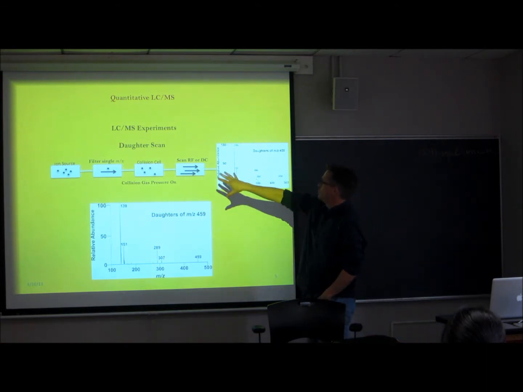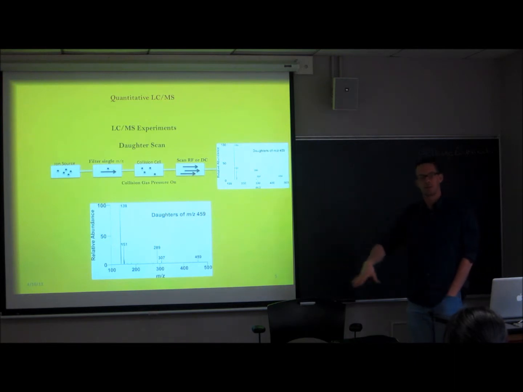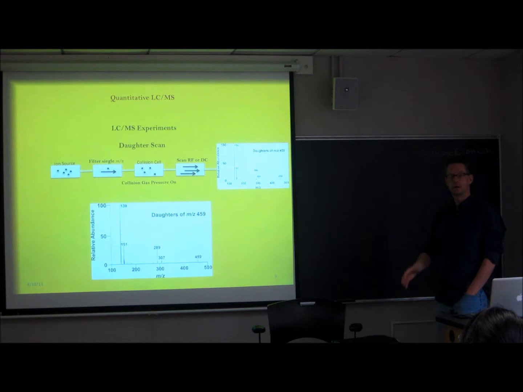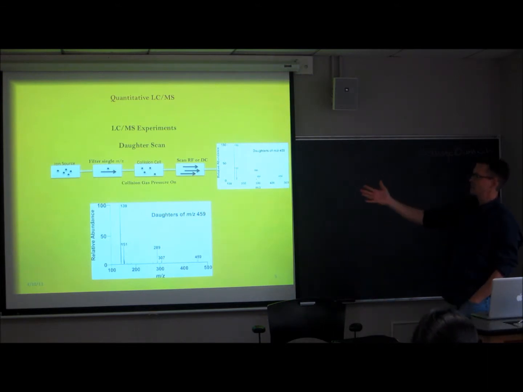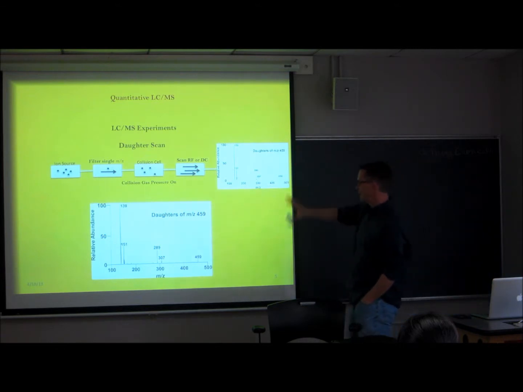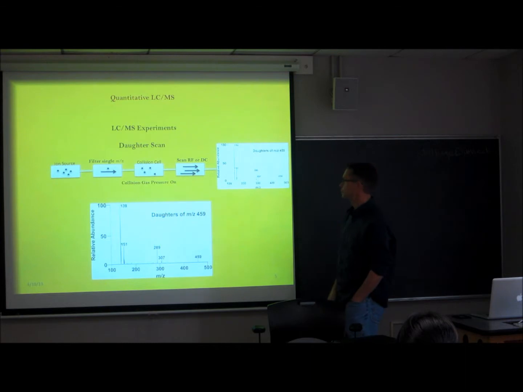So what we do is do a daughter scan up front. If we're going to do quantitation, we probably have commercially available standards or synthetic standards, or we aren't going to be able to make a standard curve. So we take that standard and we just infuse it with a syringe pump into the mass spec. We do a full scan mass spec to get the m/z value of the parent that's expected.